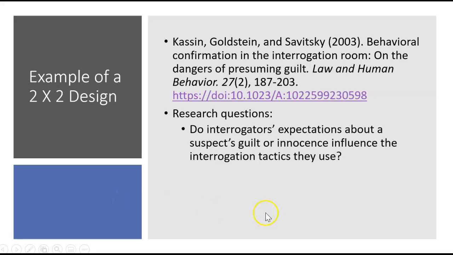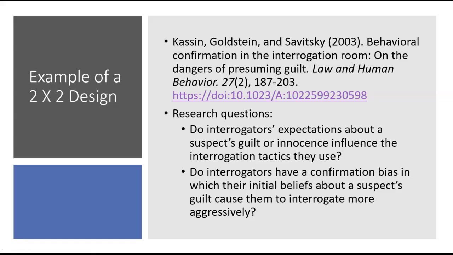The basic research questions that I'm going to talk about with this example are, do quote-unquote interrogators, these are students who volunteered for research. We're not talking about a real police officer doing interrogations, but student participants who are playing the role of interrogators, do their expectations about a suspect, in quotation marks again, another student playing the role of a suspect, do the interrogator's expectations about a suspect's guilt or innocence have an impact on the tactics that they use in their questioning?